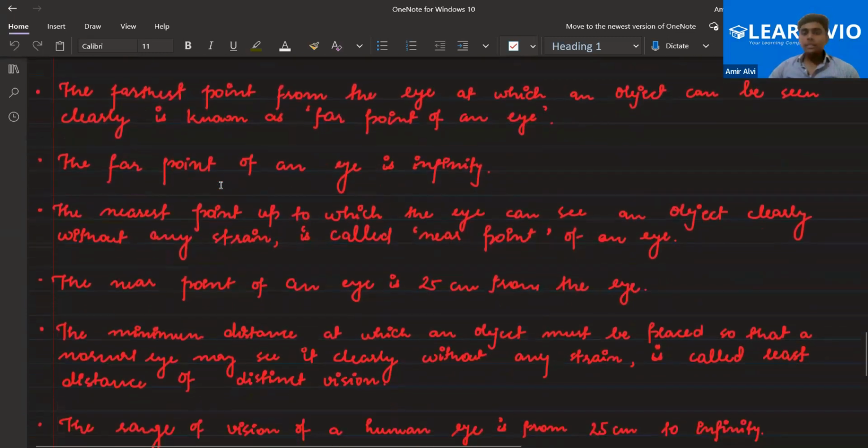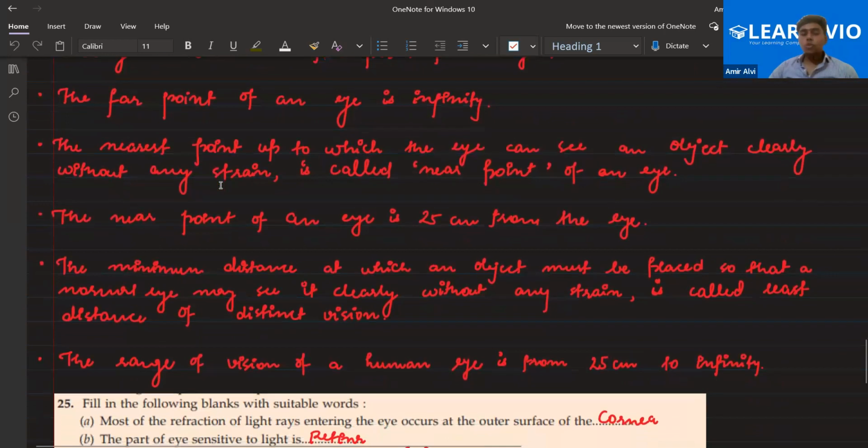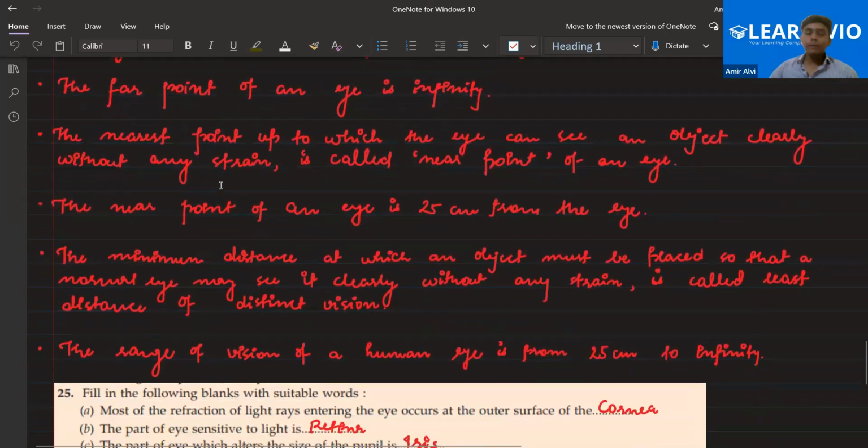Okay. Next, now let's talk about the definition of the least distance of distinct vision. The minimum distance at which an object must be placed so that the normal eye may see it clearly without any strain is called the least distance of distinct vision. It means this is the distance at which two objects can be identified separately.